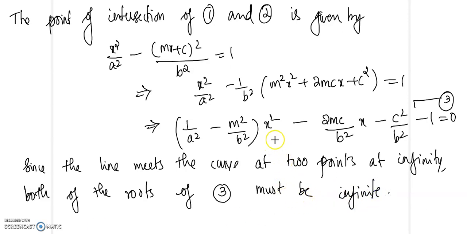If both roots of a quadratic equation are infinity, then the coefficient of x square and the coefficient of x are 0. So that will give us the condition for the asymptotes.